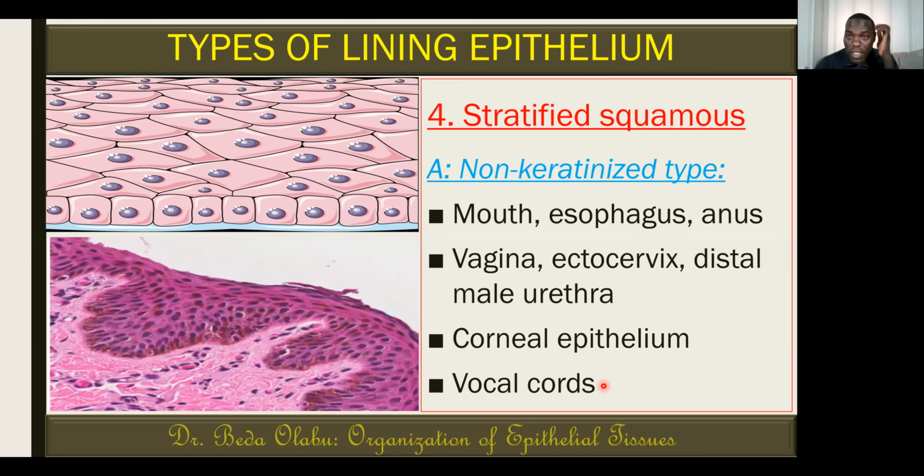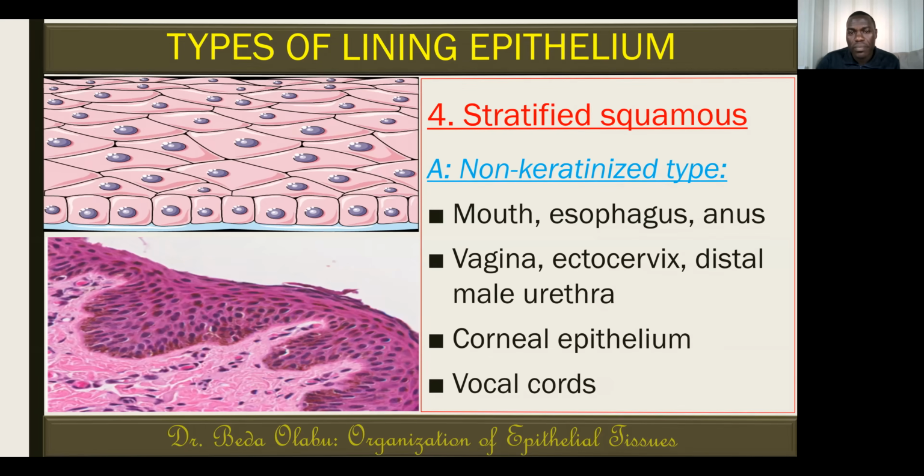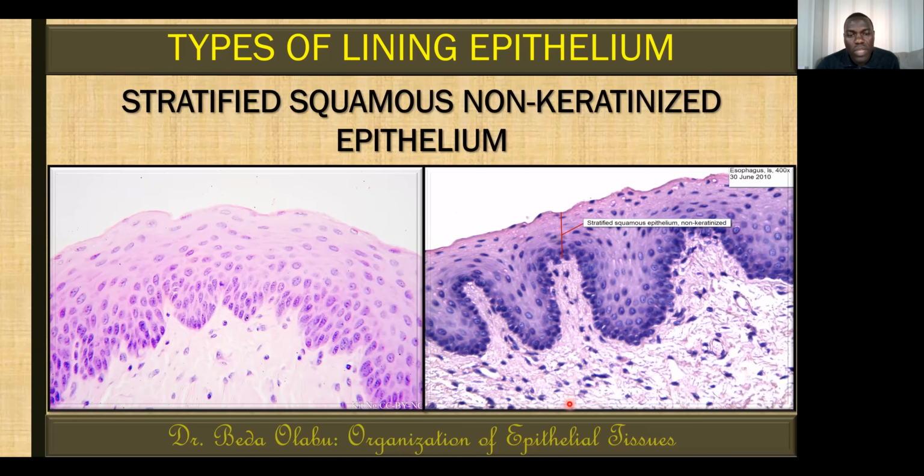So that is one variety of stratified squamous epithelium. And this variety would look like this. You have stratified epithelium. As you can see, the cells on the apical surface appear flat, and this is one of the areas where you rely on the orientation of the nucleus to tell that these apical cells are flattened.